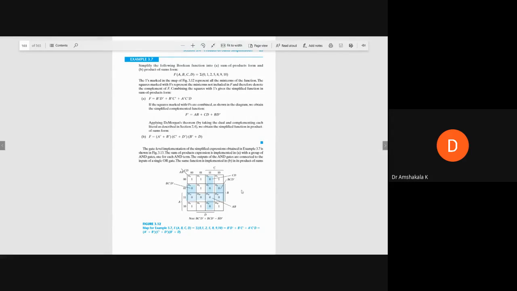So in this example, we can see that rather than grouping the ones into the maximum number of cells, there are more chances that we can group zeros in the maximum number of cells. Yes or no? Can you make that observation with this example?